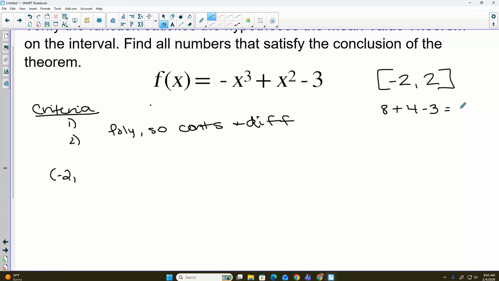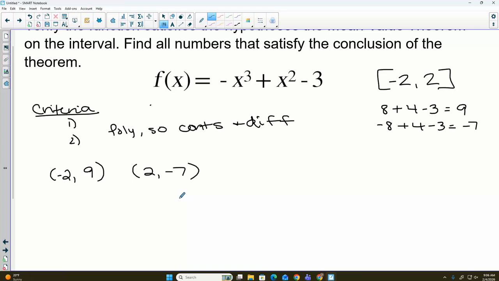So we get 9. If I put in 2, I get negative 8 plus 4 minus 3, so negative 7.